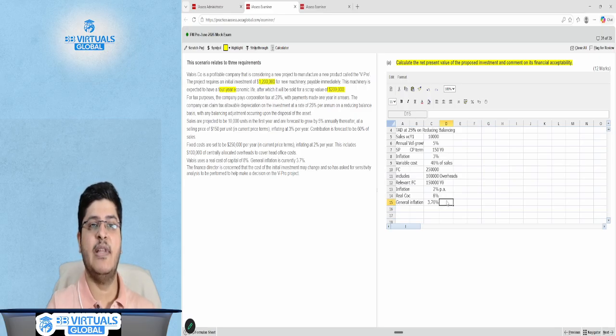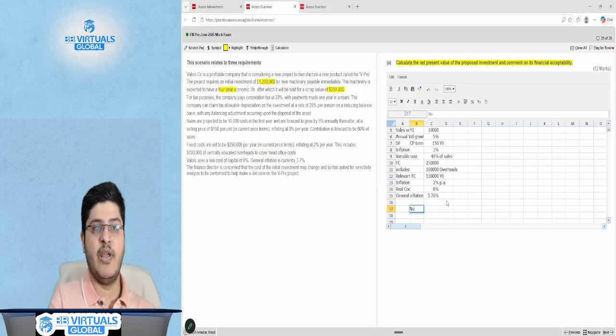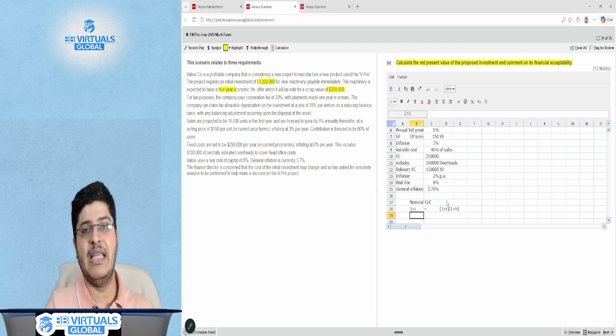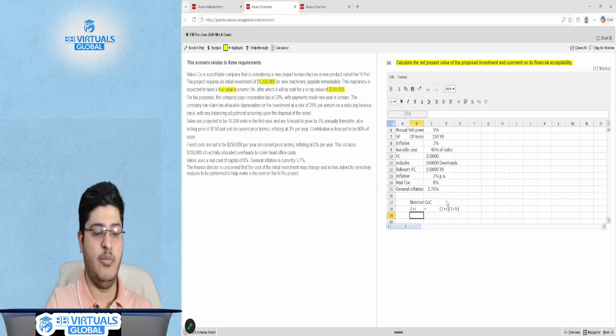Okay, let us start with calculating the nominal cost of capital. How do you calculate it? Remember, 1 plus i, which is the nominal cost of capital, is equal to what? I am writing this for your benefit, otherwise even if you don't write the formula in the exam and directly calculate, it's also okay. 1 plus R into 1 plus H, the Fisher equation, the patty and the cheese on the top.